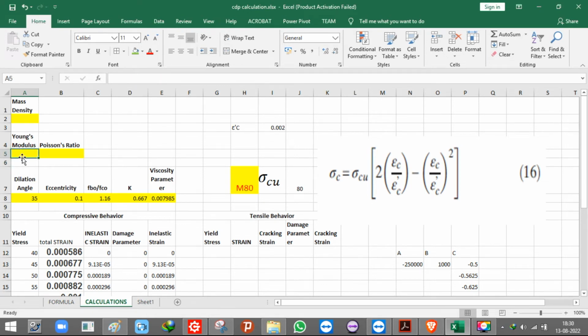So what will be the Young's modulus, and this is also the value of E naught. It is equal to stress upon strain. So this is my modulus of elasticity value for M80, not 5000 square root fck.